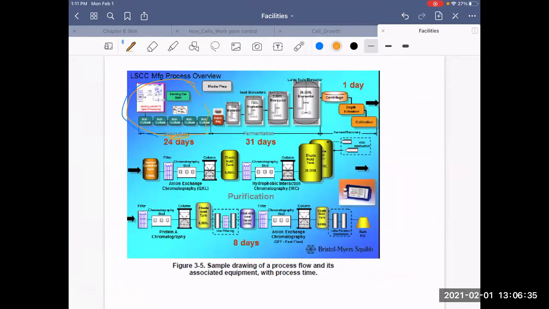So here, what they're doing is they're taking the stock cultures, okay, and they're going to grow up the stock cultures and they're going to get it into a bigger volume so they have more cells. Okay, media prep, so they're making media, okay, and then we go into this step that's called fermentation. So what they're doing is they're taking the cells and they're expanding them and they're growing them up. So in this case, they're up to 25,000 liters.